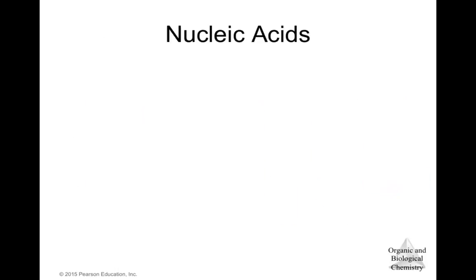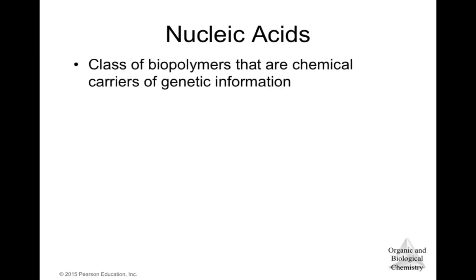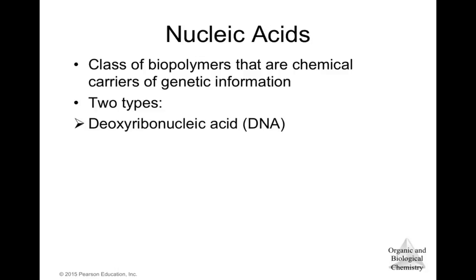So finally, let's talk about the nucleic acids. Nucleic acids are a class of biopolymers that are chemical carriers of genetic information. We have two types: the deoxyribonucleic acid, or DNA, and the ribonucleic acid, called RNA.